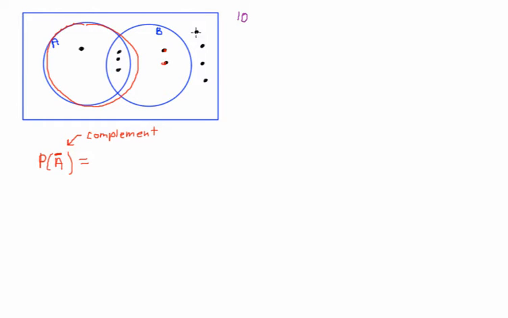This one, all these are not in A. So what's that probability? 2, 4, 6. There's 6 things that aren't in A out of a total of 10. 6/10, which reduces to 3/5, or 0.6, or 60%.